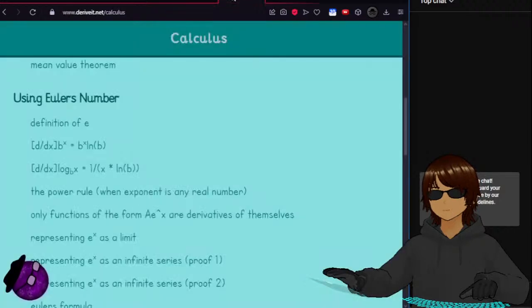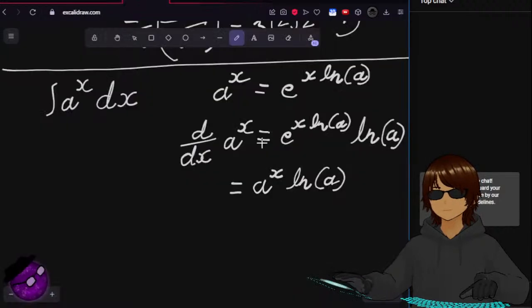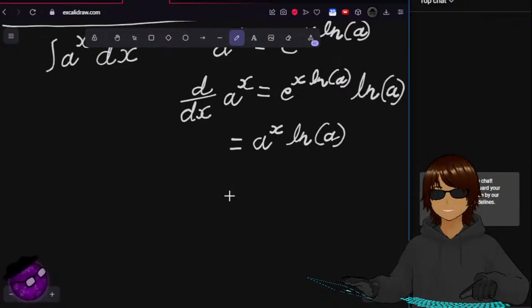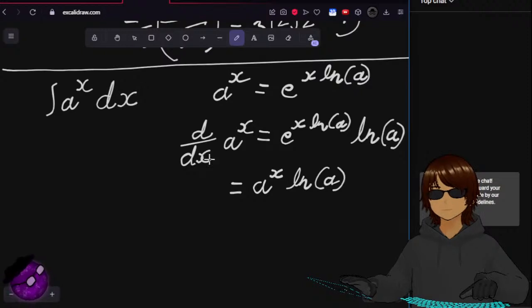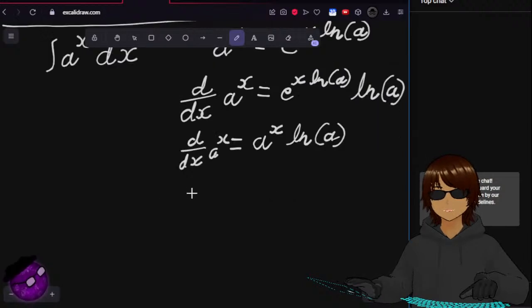Now we want the antiderivative, right? This is a constant, so I can put this to the other side. This is a constant, so I can do this.